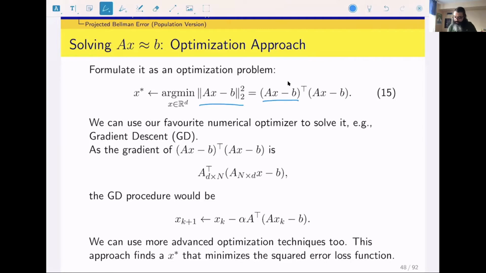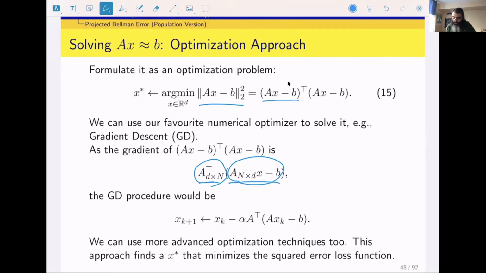The gradient would be A transpose times (Ax minus b). Here Ax minus b acts like the residual, how far we are from the solution. If it is 0, we are at the solution. And then this is like changing to the basis of A. And then we can proceed using gradient descent.